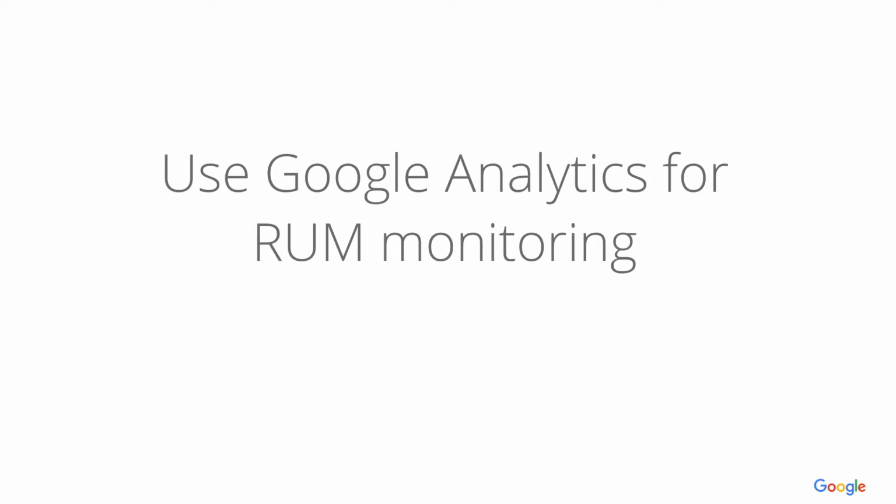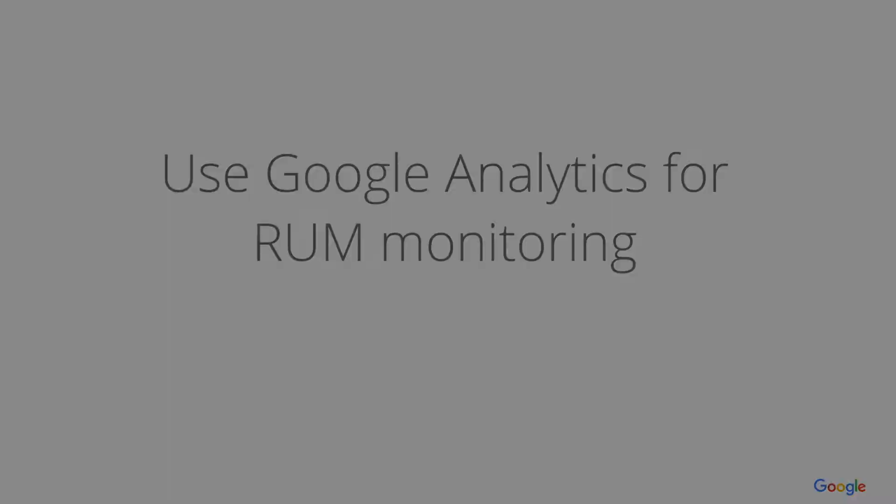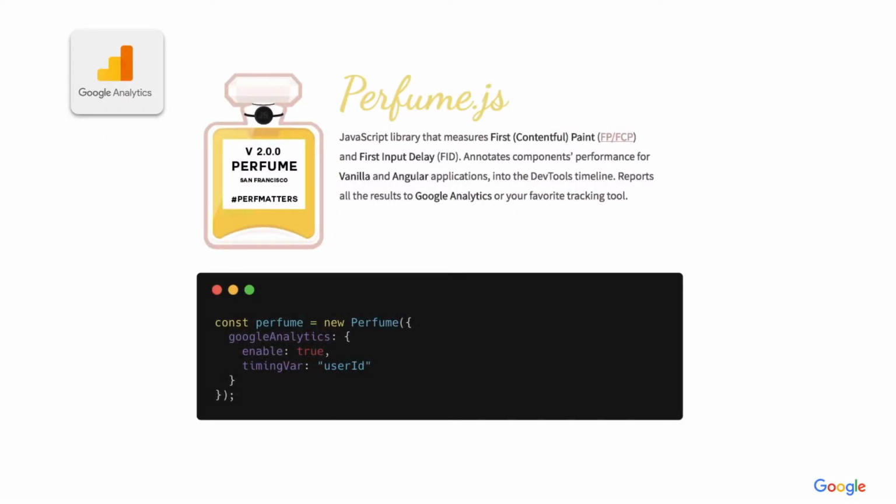If you want to measure the real user metrics from your users, you can also use Google Analytics to do that. There is an API, the User Timing API in Google Analytics, but if you use another tool than Google Analytics, I'm sure that you also have this kind of API.